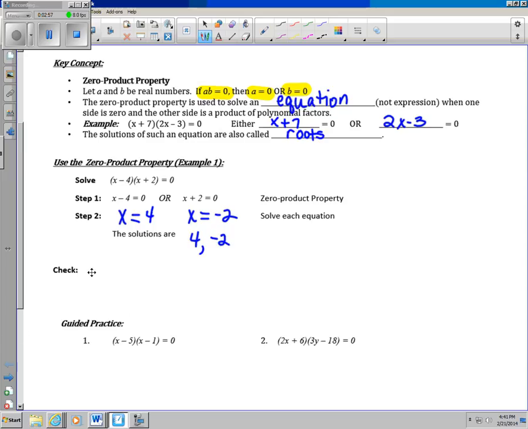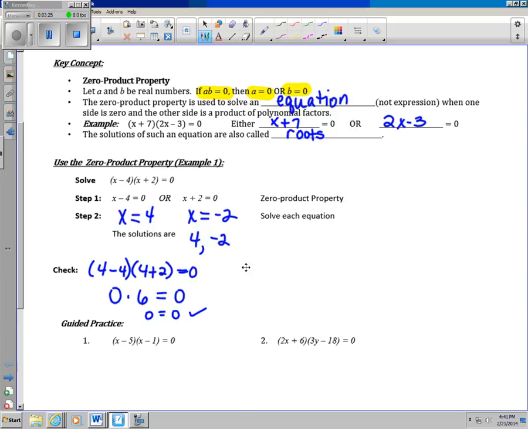So let's check. If we put in 4 for x, the first parentheses becomes 4 minus 4, and the second becomes 4 plus 2. 4 minus 4 is 0, and 4 plus 2 is 6, and obviously 0 times 6 is 0, and 0 equals 0. So that checks. Let's check our next solution.